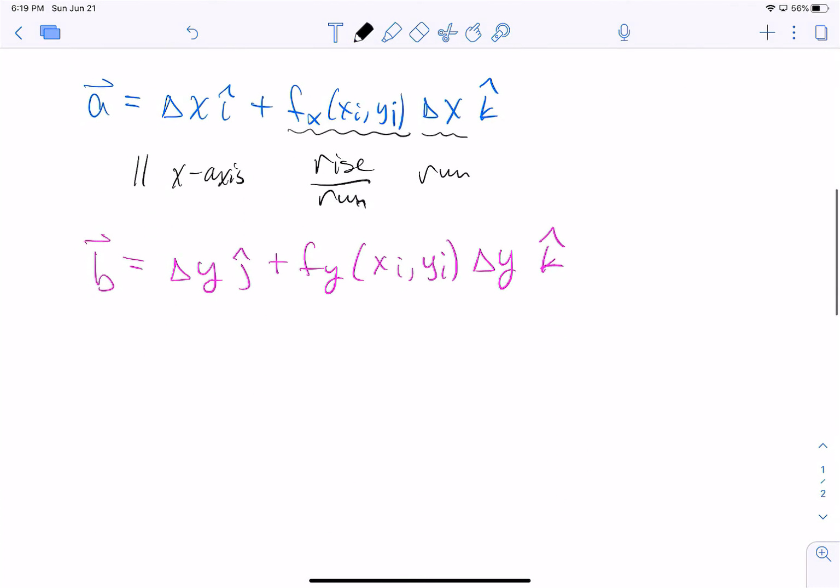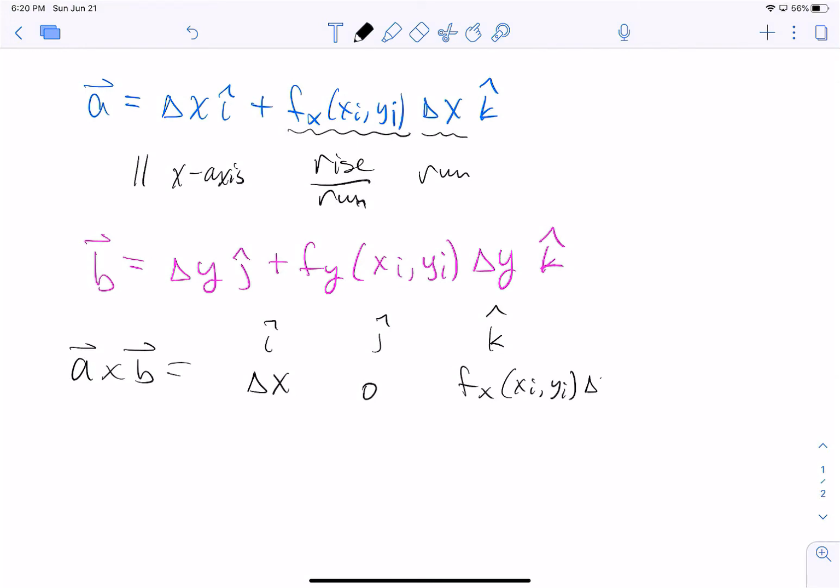Now that we have these expressions, we can write down that A cross B is equal to the cross product of the determinant with rows i, j, k; delta x, 0, the partial with respect to x at (x_i, y_i) times delta x; and then 0, delta y, the partial with respect to y at (x_i, y_i) times delta y.